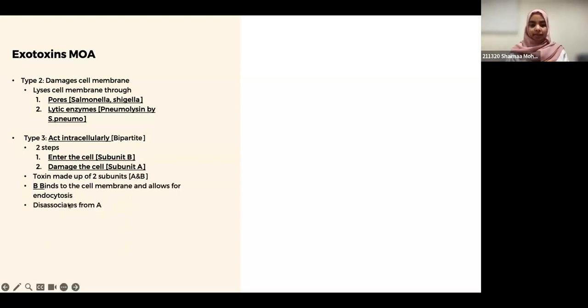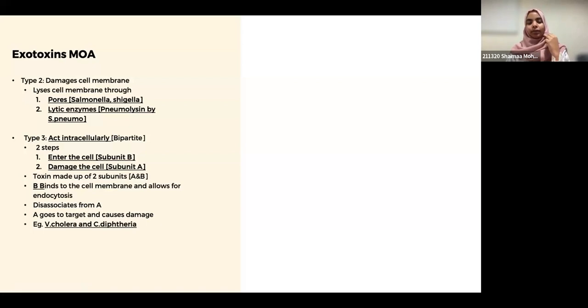Then it dissociates and A is on its own, and A is the thing that's going to damage the cell. A goes to whatever target it has, and the cell is going to be damaged and die.